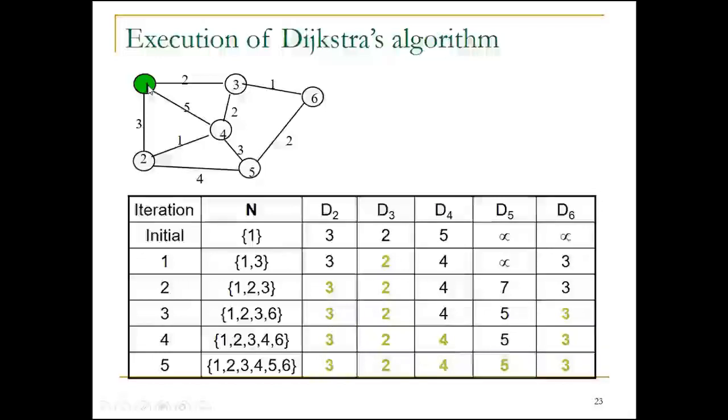So 5 and 4, 5 is bigger than 4. So obviously, the shortest path, which has the least cost associated with moving a packet from 1 to 4, now becomes 1 to 3 to 4 instead of 1 to 4, because now we do have node 1 and 3 at our disposal.